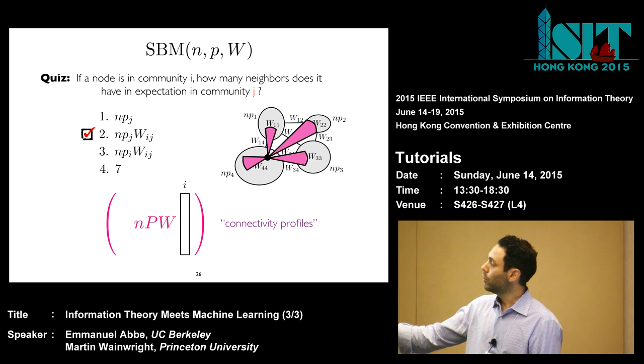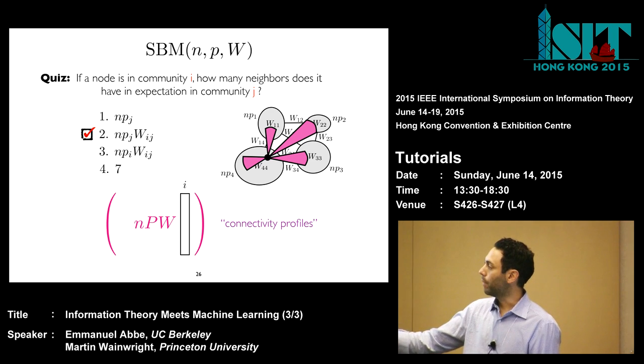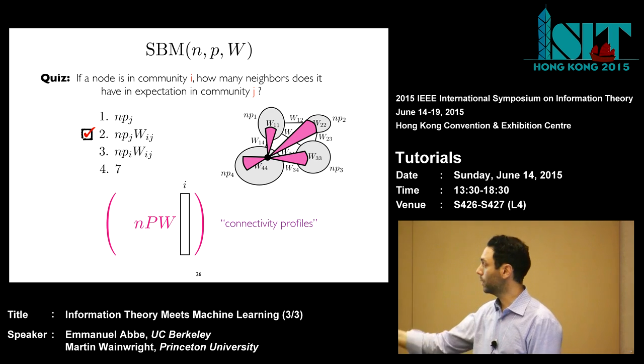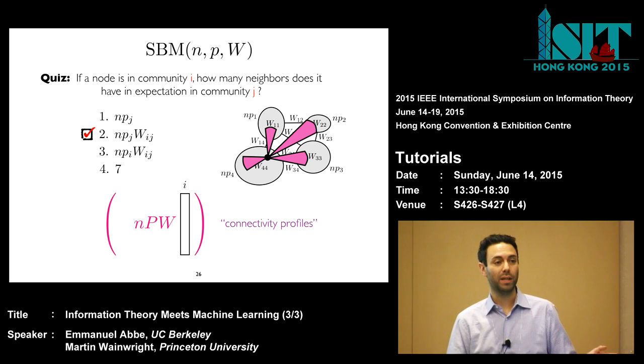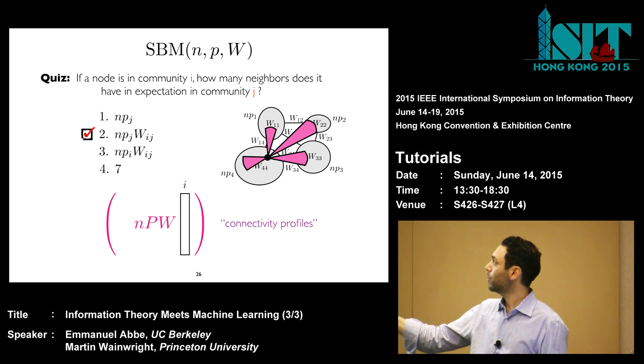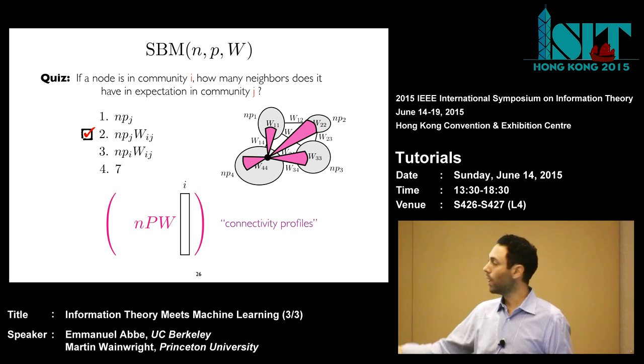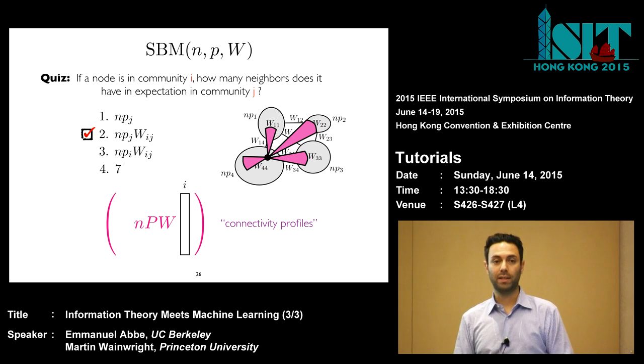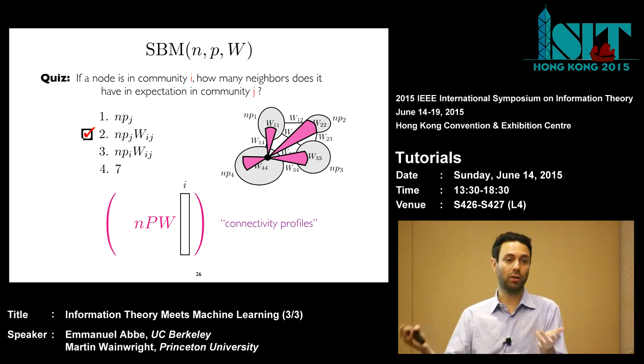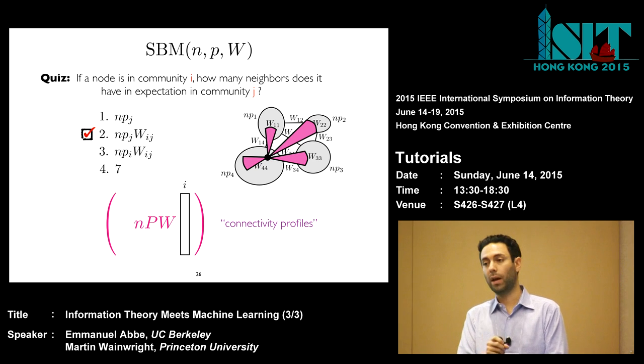If 2 nodes, I and I prime, have the same columns, if this matrix contains 2 columns that are exactly the same, then it means that this community and this one see the exact same connectivity pattern, so there's no hope you can separate those communities. So 2 columns being the same here means the impossibility of distinguishing those symbols, exactly like in channel coding. If 2 bits have the same output distribution, there's no way you can distinguish them.